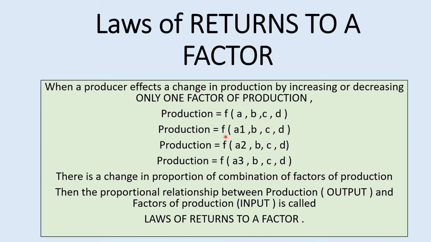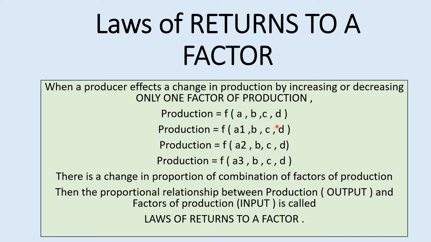In the first instance, it's a function of A की जगह A1 कर दिया, B, C and D. And next में A की जगह A2, B, C, D same, and then A3, B, C, D same. Here A1 means any other multiple of A. उसको हमने बढ़ा दिया या हमने उसको कम कर दिया. But जो change हमने किया वो सिर्फ एक ही factor of production में किया, बाकी सबको हमने ऐसा ही रखा. Then in that case there is a change in the proportion of combination of factors of production.